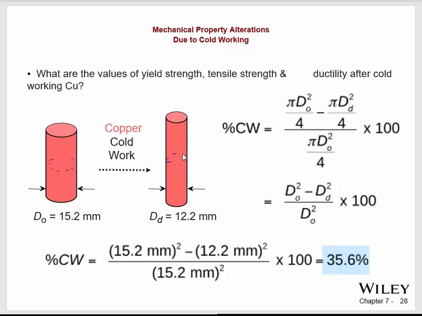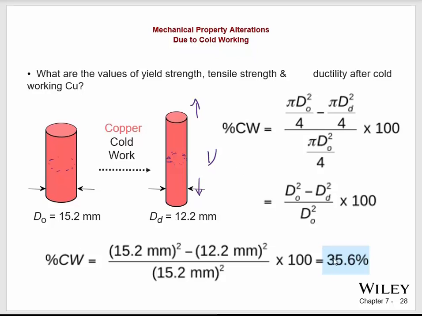So like I said, it's like percent area reduction here. That defines how much work has been done. Remember that the amount of length drawing that's occurred in a material is proportional to the area reduction by the Poisson ratio.